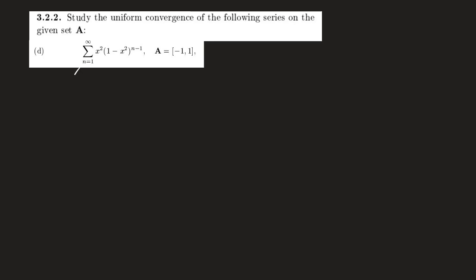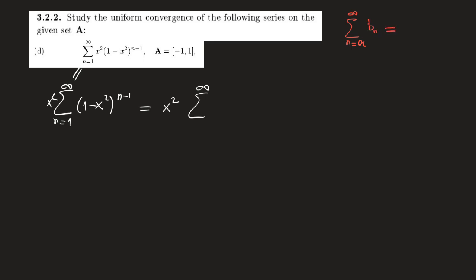This series is then equal to x square times the sum of 1 minus x square to the power n minus 1. I can also see it as follows. If you have a series starting from a, and you have some b n, you can always change the indexes as follows.